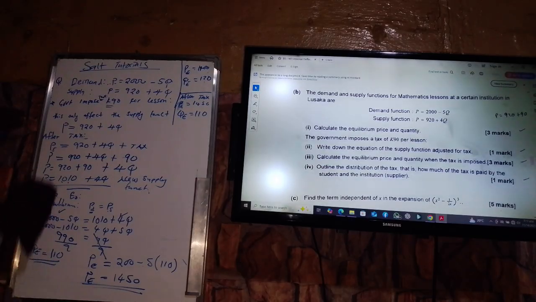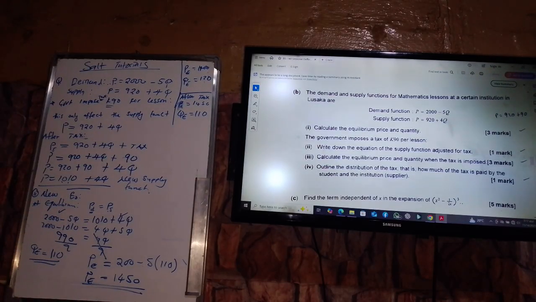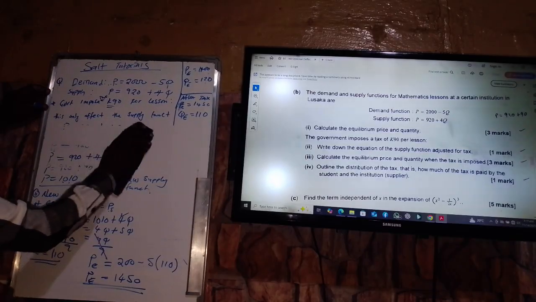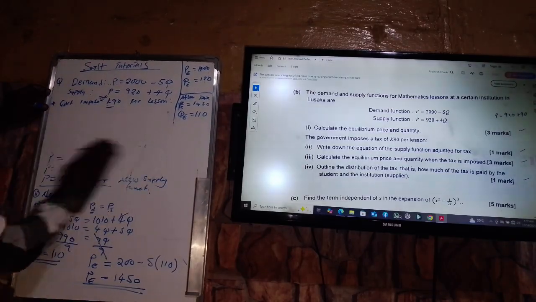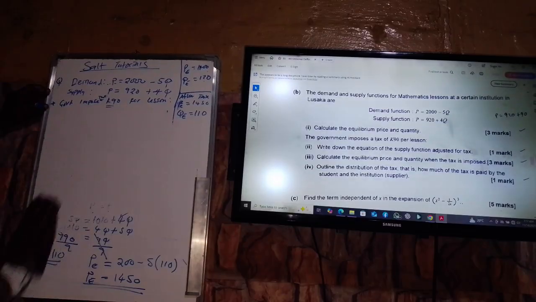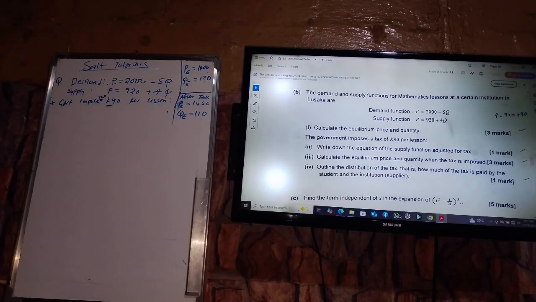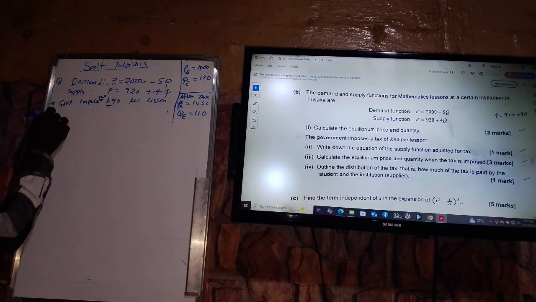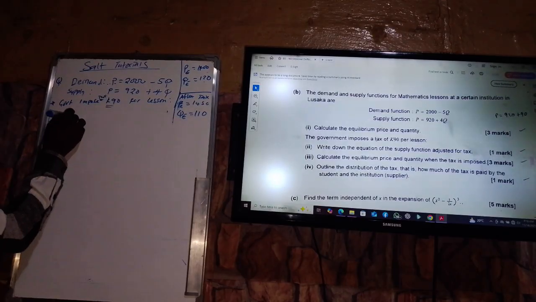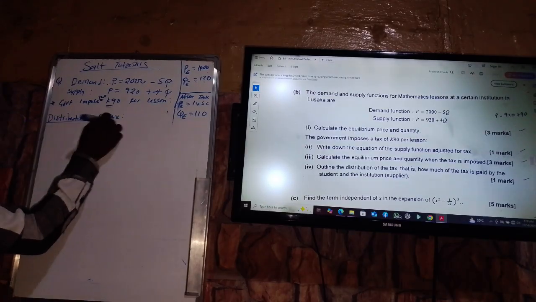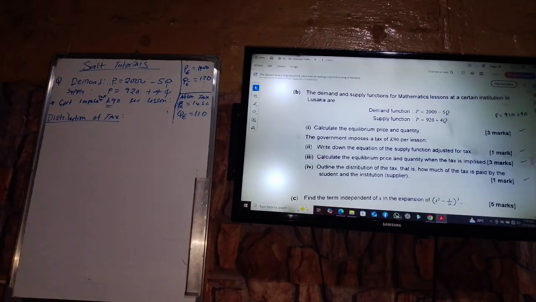Can I delete this part? I'm sure you're following, you can be pausing, but let me delete this part. Somewhere here, we're talking about the distribution of tax. Under the distribution of tax, remember the buyer's part, the customer's part, is explained by the demand function.